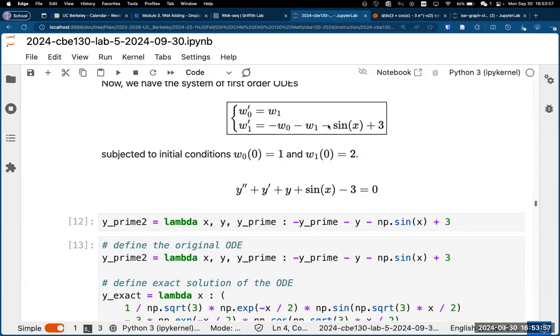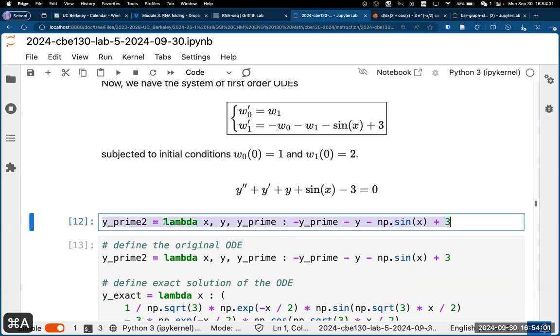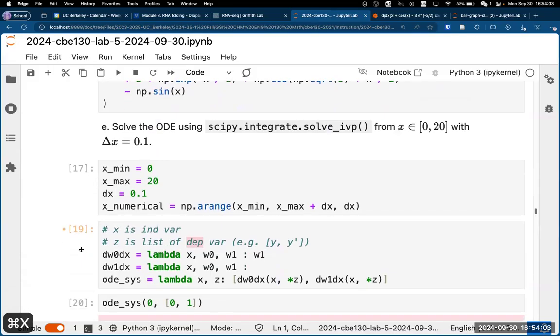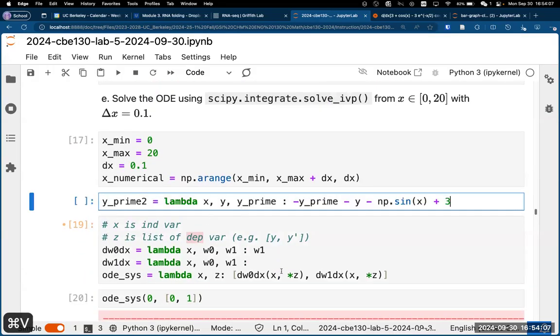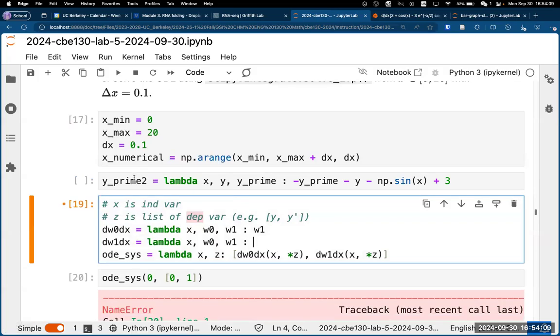You have two options. You can rewrite this, or you can use the double prime function you have defined before. So to illustrate this, you can use y prime 2 evaluated at x, and then W0 is y, so you evaluate W0 here, and then W1 is y prime, so you evaluate W1 here.